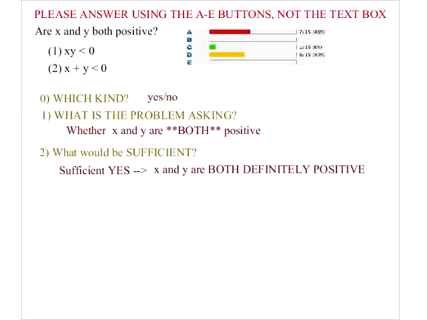What's a sufficient no? This is where the rubber really hits the road here. And if you didn't get this right, this is probably why you didn't get it right. Derek has already said it. One person has said X and Y are not both positive.